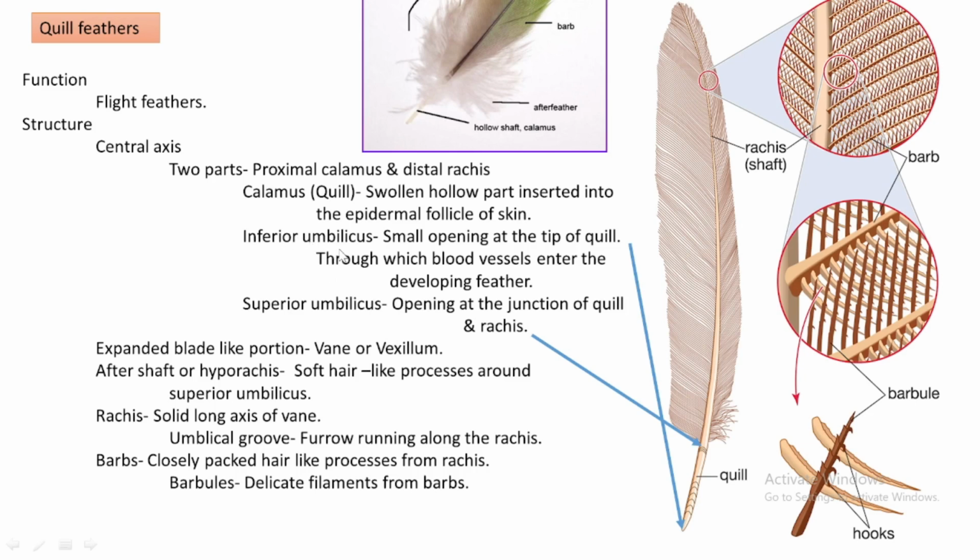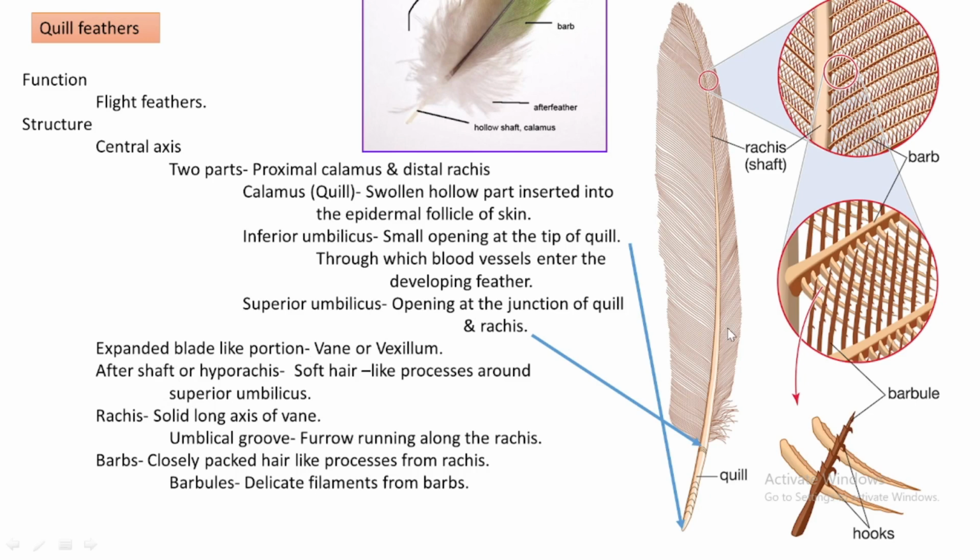And the inferior umbilicus. Inferior umbilicus means a small opening at the tip of the quill. At the tip of the quill, a small opening is present. That is called the inferior umbilicus, and through that opening the feather gets its blood supply. Then superior umbilicus means another opening is present at the junction of the quill and the rachis.